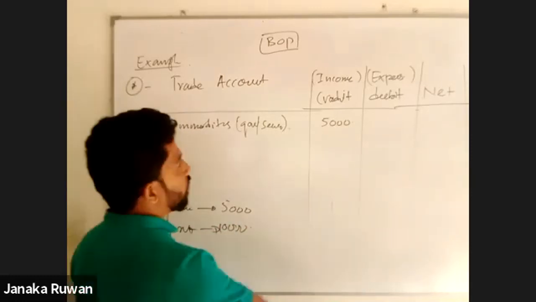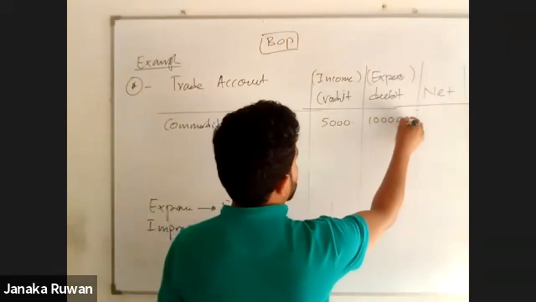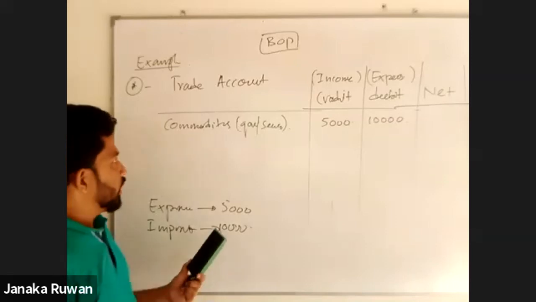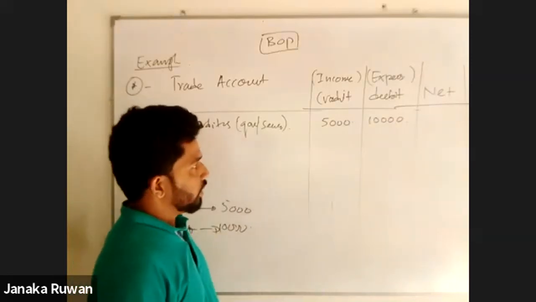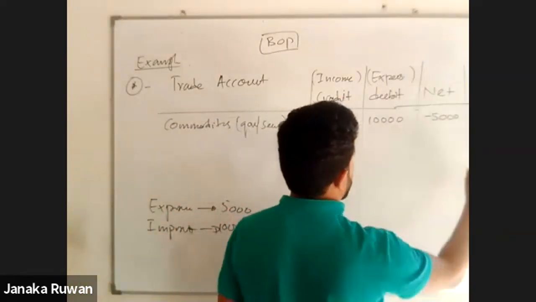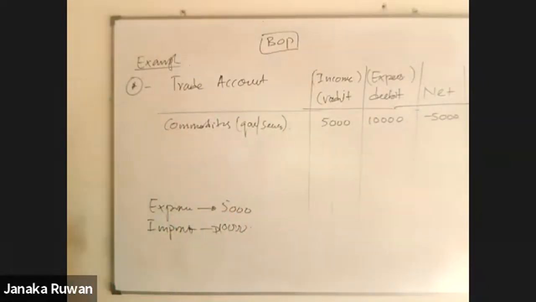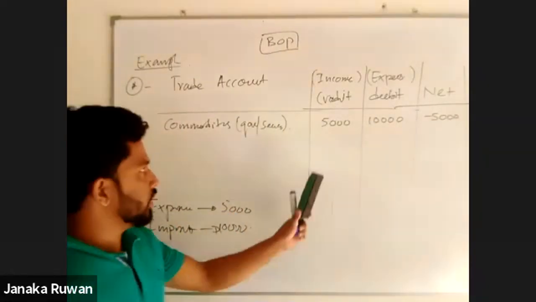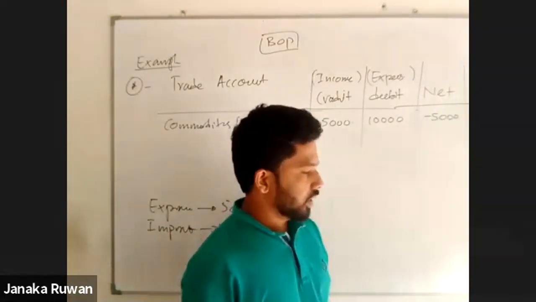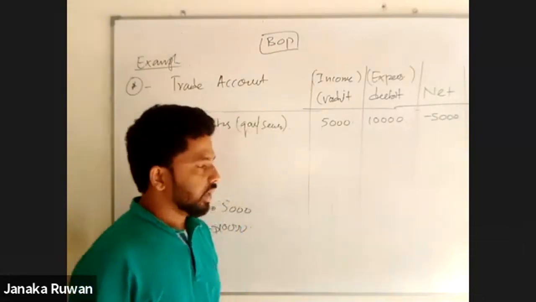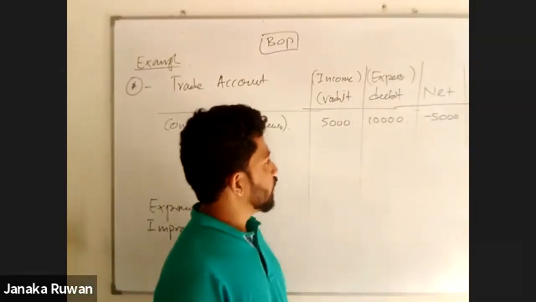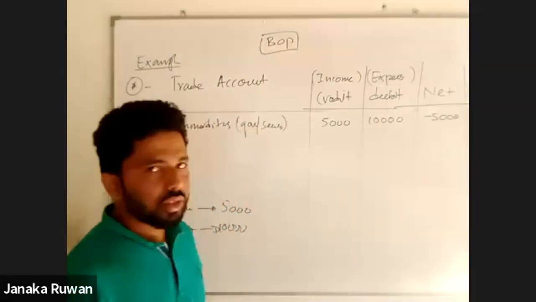It is recorded here. The net value for the commodity transaction between non-resident and resident will be minus 5,000. We are not concerned about credit and debit here, just the net value, minus 5,000. This is the important part, as it will affect the overall balance of payment.